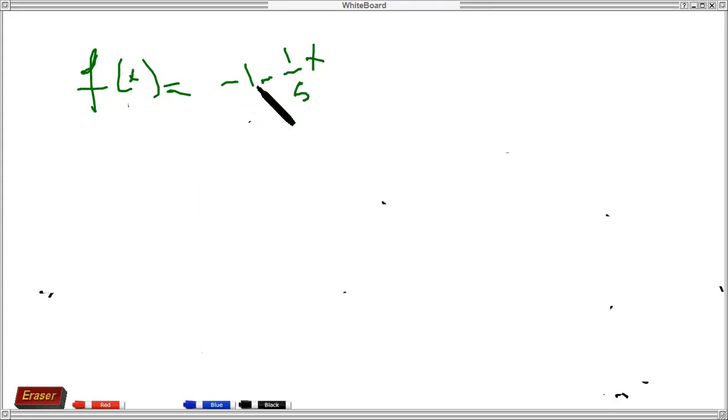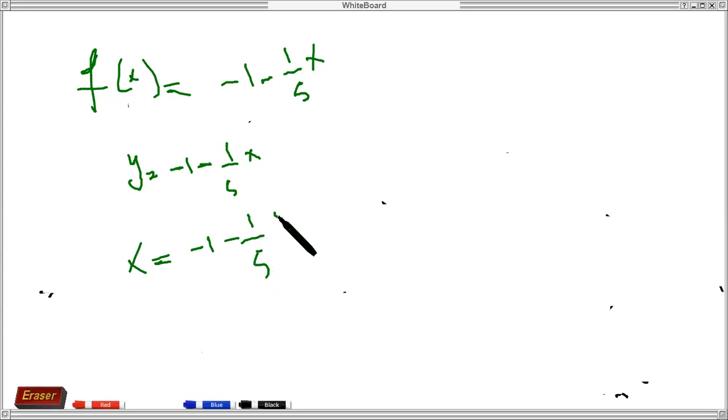First replace f of x with y, so y is equal to minus 1 minus 1 over 5x. Then interchange x and y, so x is equal to minus 1 minus 1 over 5 y. Okay, transfer minus 1 to the other side, x plus 1.